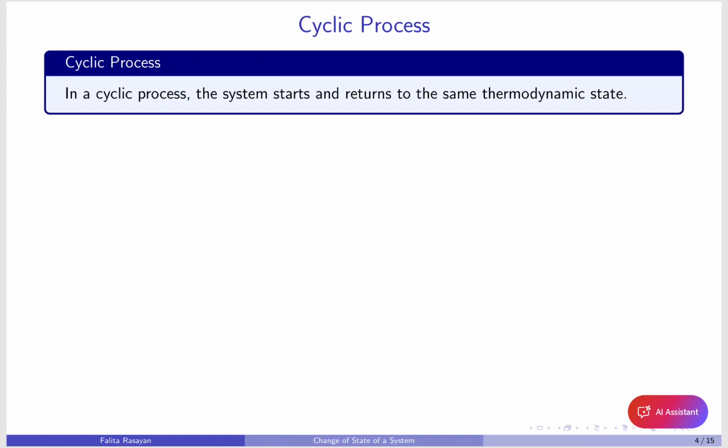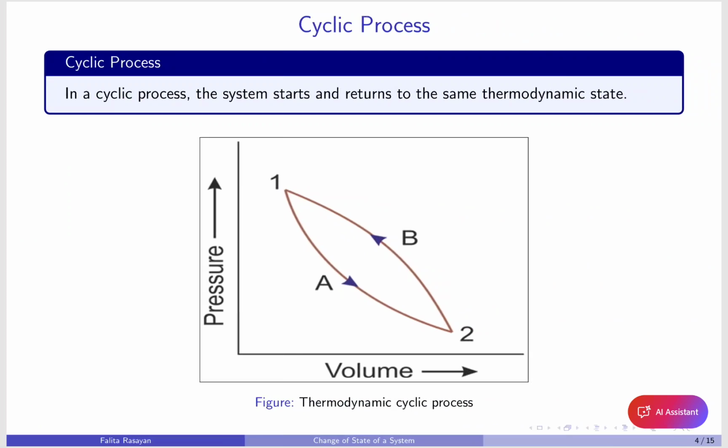The first is a cyclic process. In a cyclic process, the system starts and returns to the same thermodynamic state. The process returns back to the same value of the parameters where it began. If we check the diagram, it will be a little bit clearer.